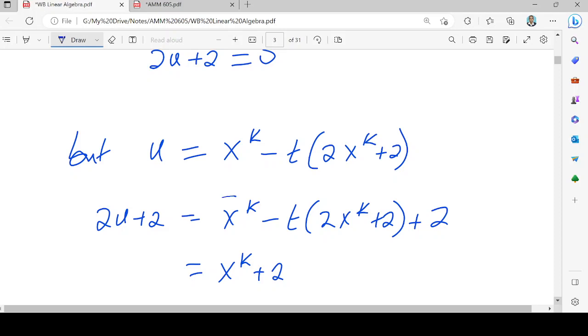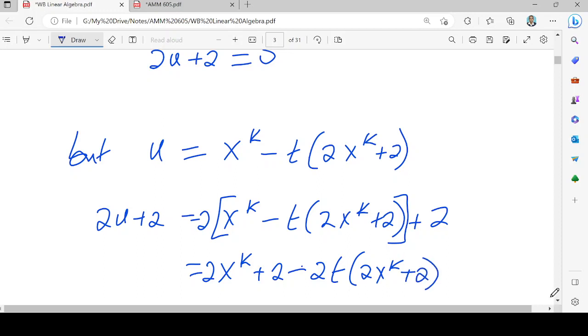Sorry, there is a 2 here that multiplies the whole of that. So we get 2x k plus 2 minus 2t into 2x k plus 2, which now we equate to 0. This is what we are going to equate to 0 as per this equation.